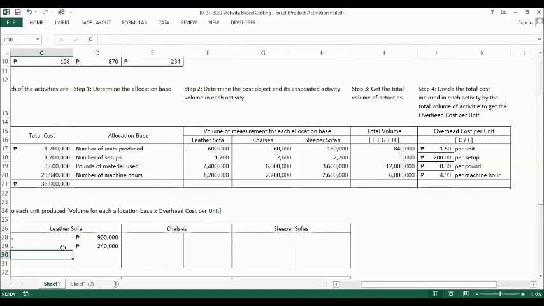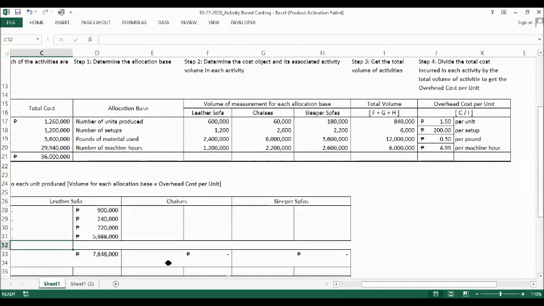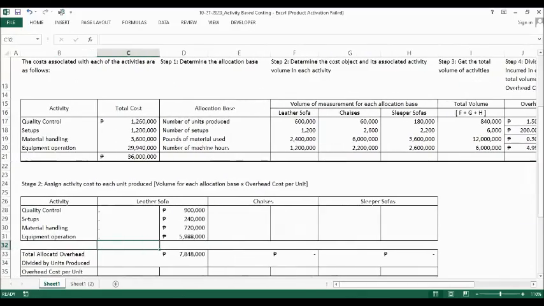So, anong susunod nating i-multiply? We multiply this 2.4 times 0.3. So, ang lalabas dyan ay 720,000. And last, we multiply this 1.2 by this one. Then, nakuha na natin ang total allocated overhead for leather sofa.